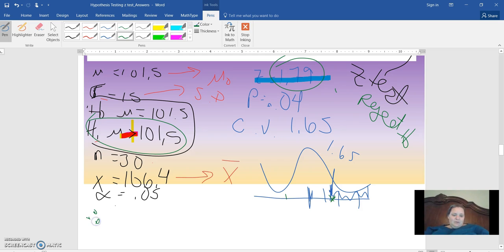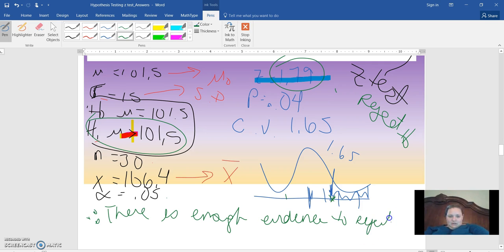And so we would say, therefore, there is enough evidence to reject that the mean is 101.